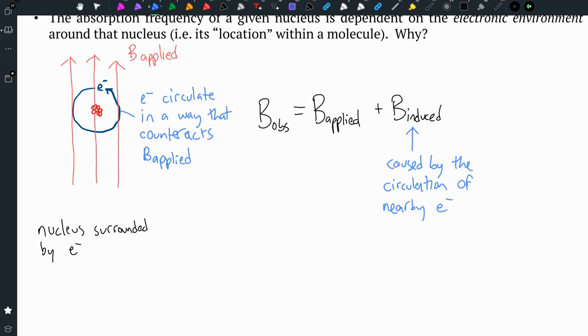So the observed magnetic field is going to be the applied magnetic field plus this induced magnetic field, which is usually negative because it's opposing B applied.